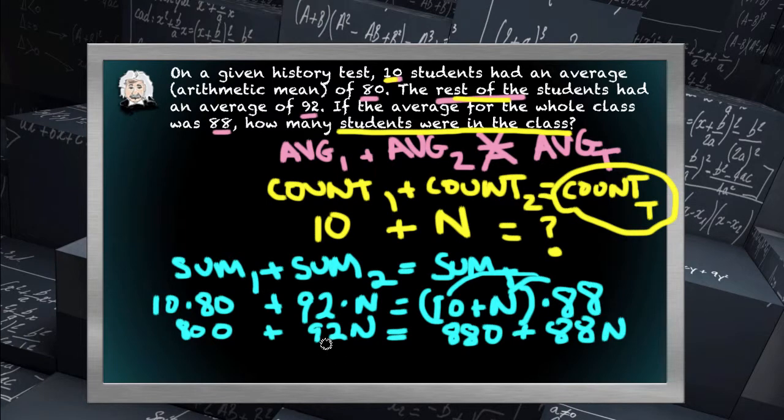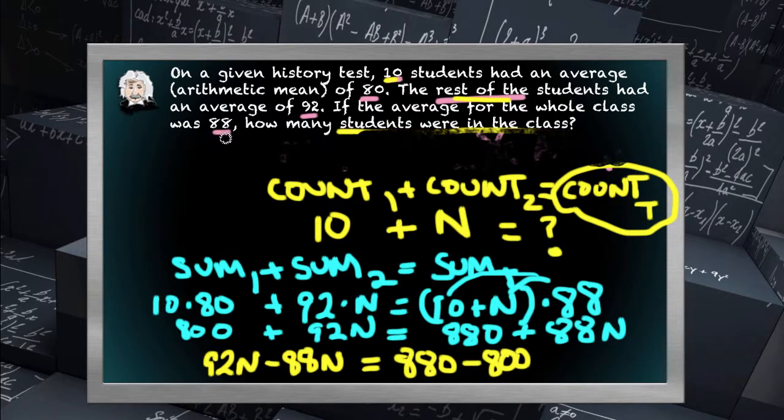And in turn, subtracting 88n from both sides, and subtracting 800 from both sides, 92n minus 88n is 4n, equals 880 minus 800, which is just 80. So n equals 80 divided by 4, which equals 20.